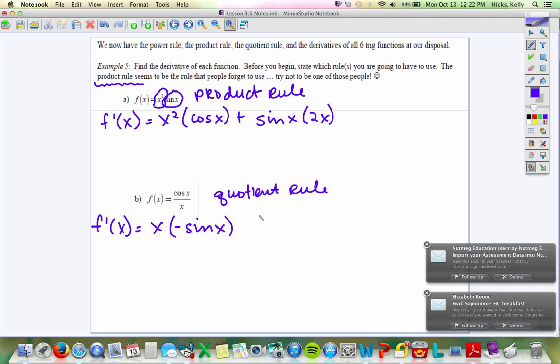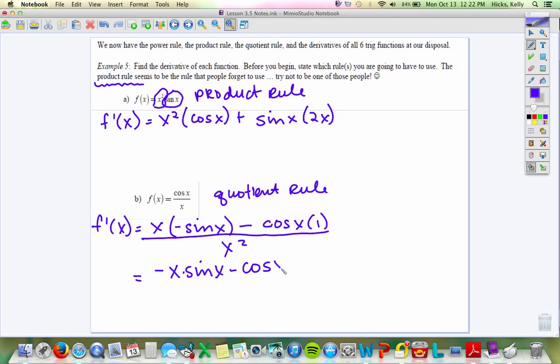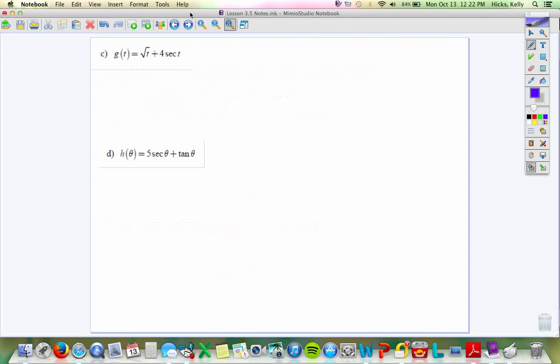So we get f prime of x equals low d high minus high d low over low squared. We'll clean that up just a teeny bit and we're done with the problem. So we would have negative x times sine x minus cosine x all over x squared. That's our answer. Next problem.